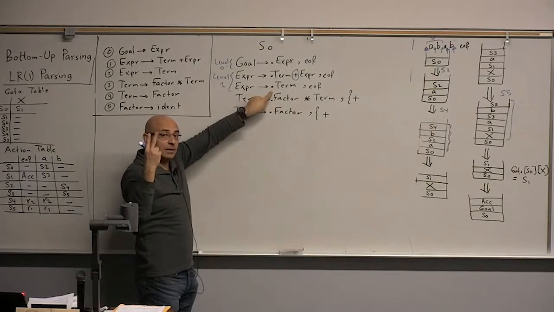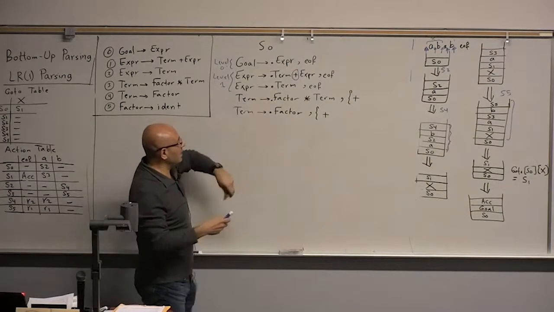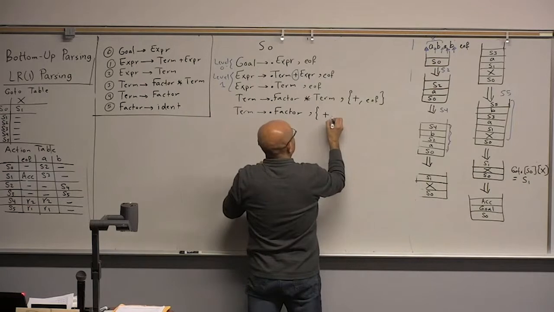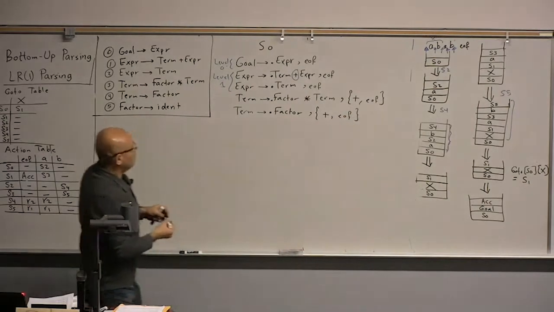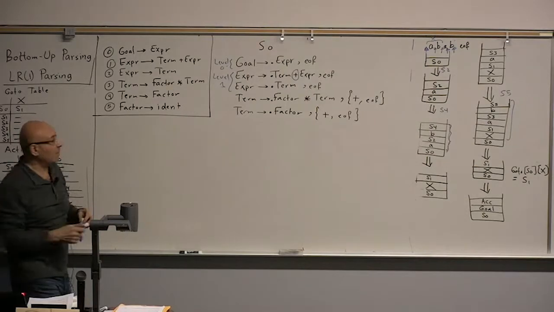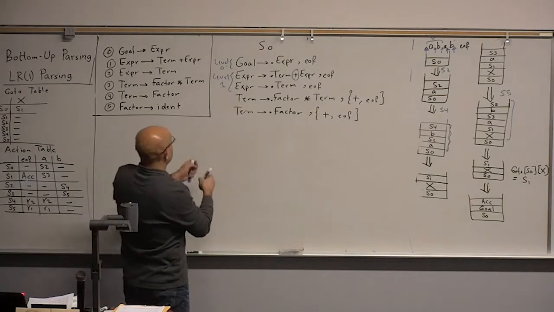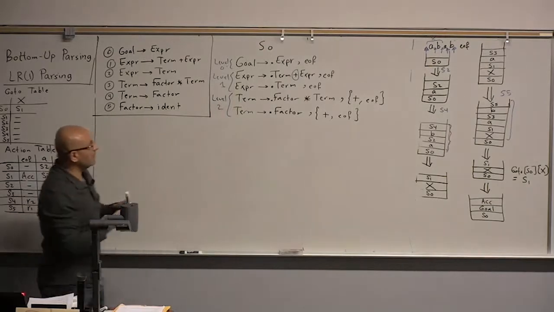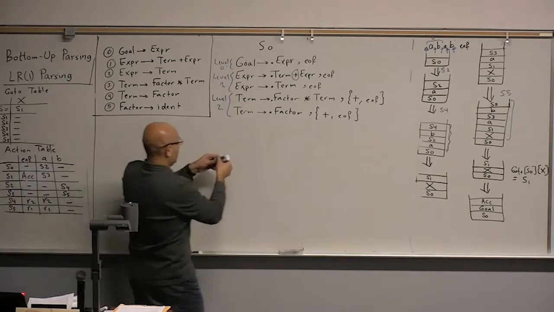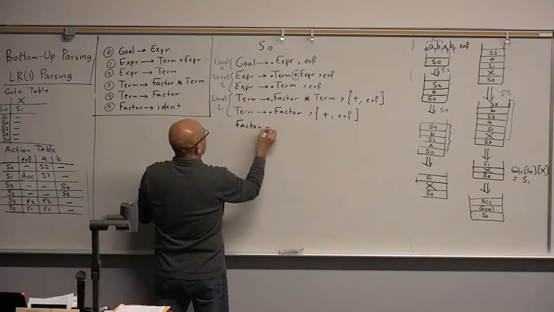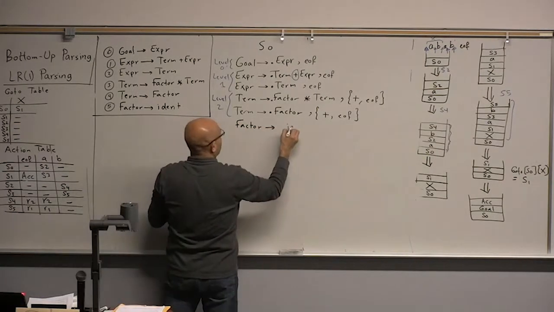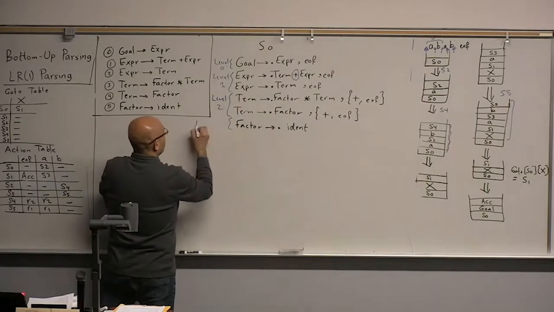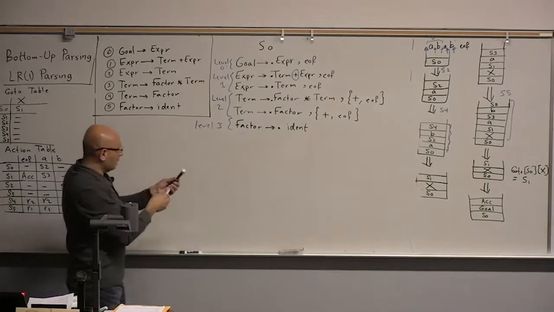So there are 2 possible followers for term, plus and end of file. Okay? So we have 2 possible followers. Now this is level 2. Now what's level 3? Factor. Yeah. So now factor, we put all the definitions of factor, and luckily we only have identifier. So this is level 3. Now, what are the look aheads for factors?